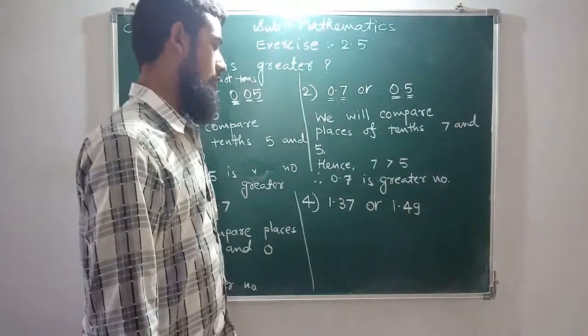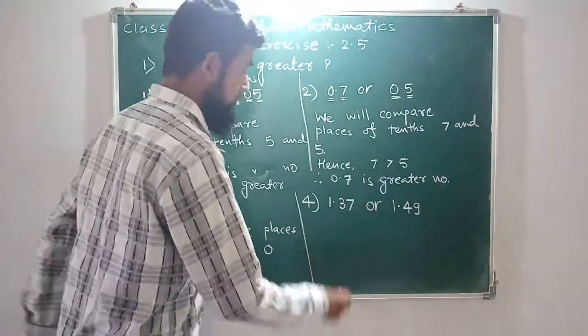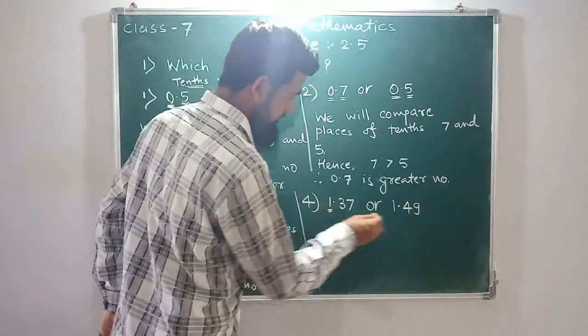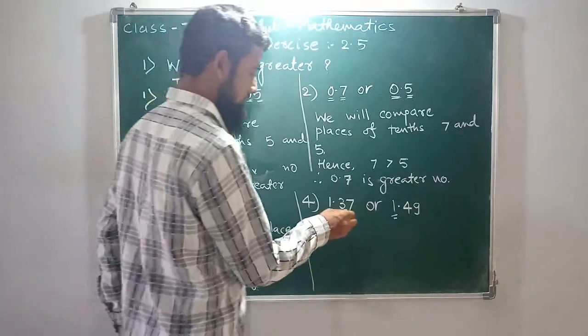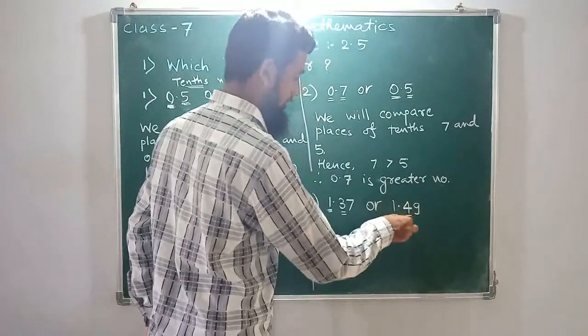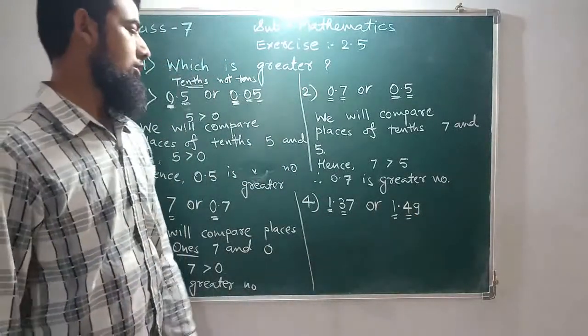1.37 or 1.49. Okay, so here we will compare places of ones, both are same. Here places of tens 3 and 4. So obviously you will get answer beta.